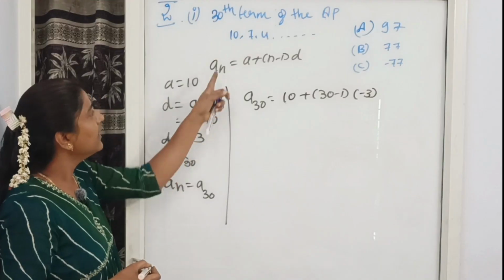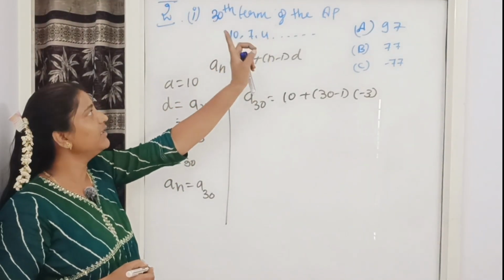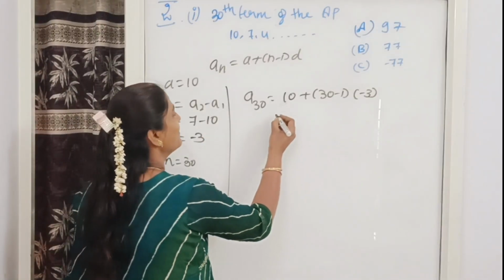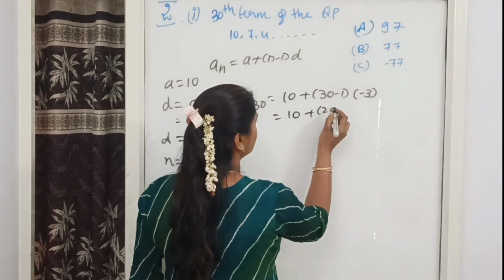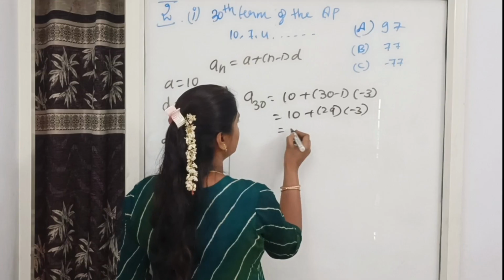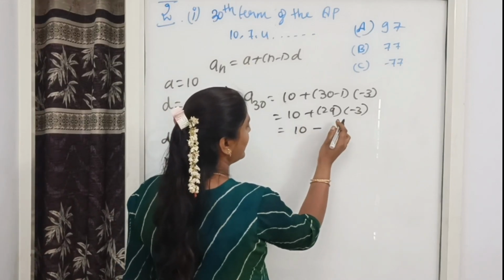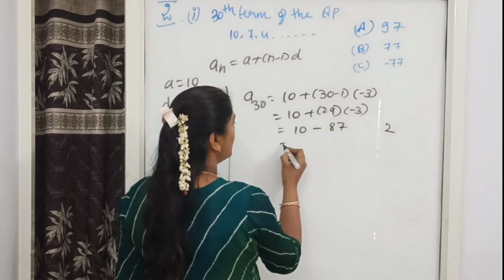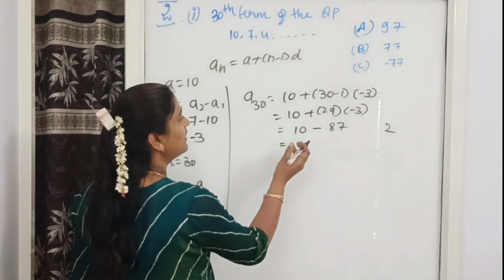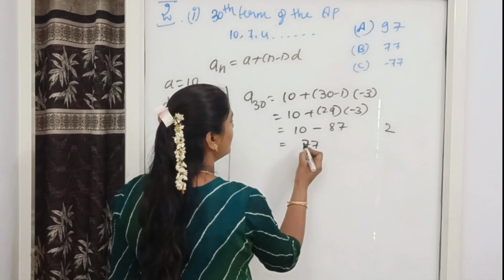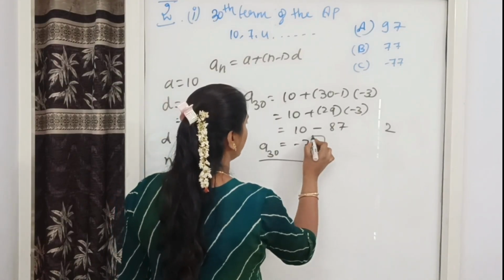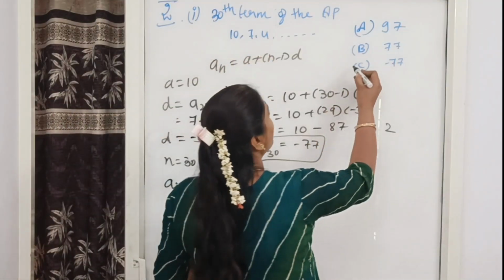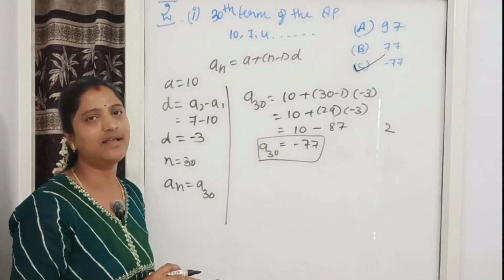Be careful here. a1, a2, a3. The common difference is a2 minus a1. So 7 minus 10 is minus 3. Okay. So 10 plus 29 into minus 3. So plus into minus, 9 3s are 27, 2 3s are 6, 6 plus 2 is 8, so 87. So 10 minus 87. 87 minus 10 is 77. The greater value is negative, so it is minus 77. So the 30th term of this given AP is minus 77. Option C is correct.